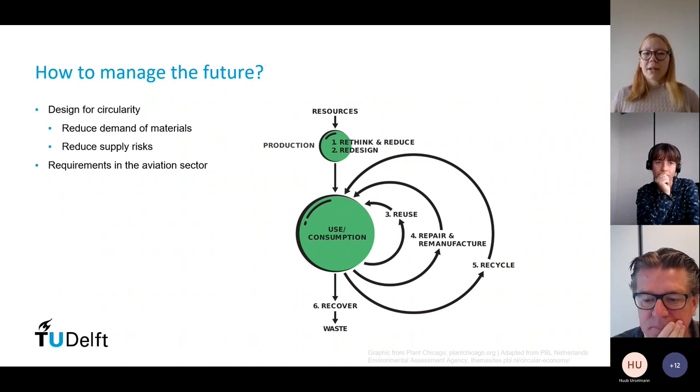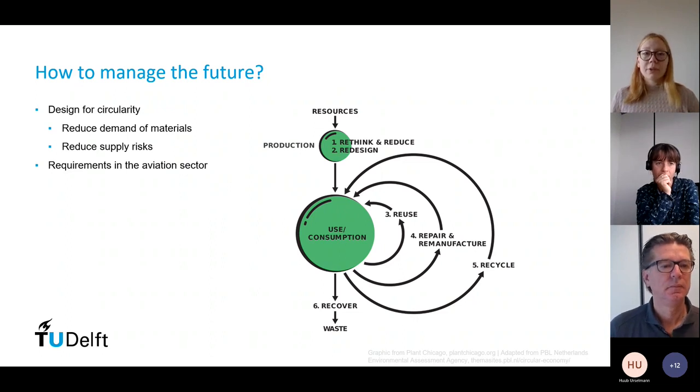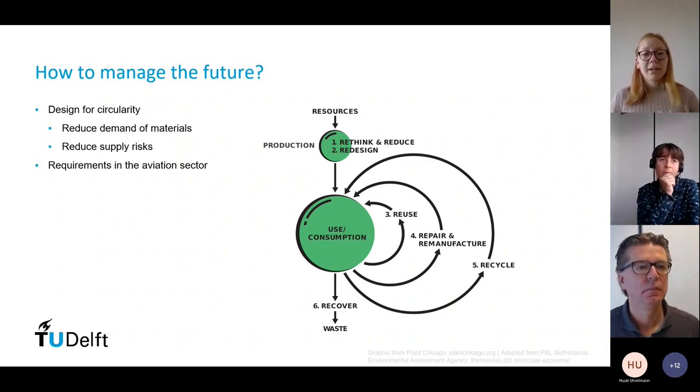However, how this applies to the aviation sector is still a bit of a question mark because the requirements for the components and the materials are high. Aviation is all about safety, so we have really high performance requirements, really high safety requirements, and we have to be sure that even after the use of a component, it is still safe to be used somewhere else or again in the aviation sector.